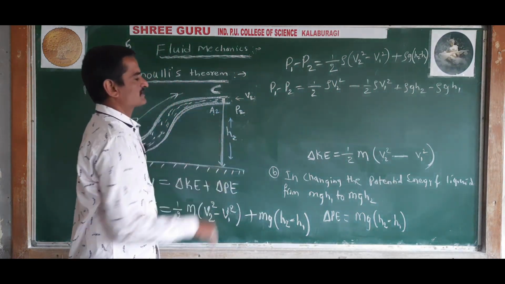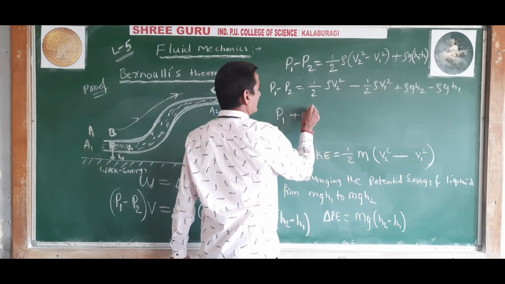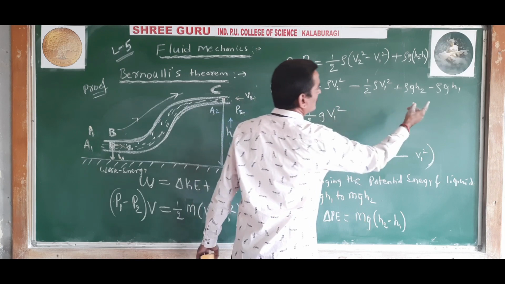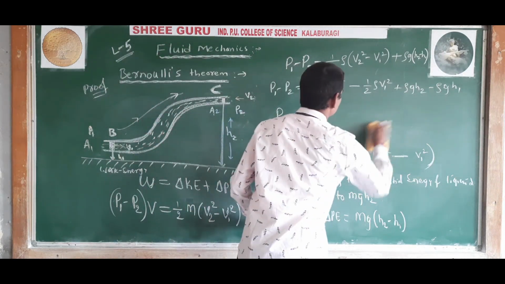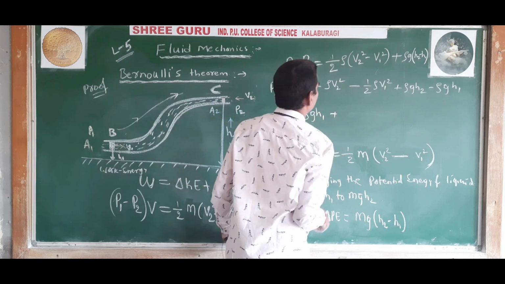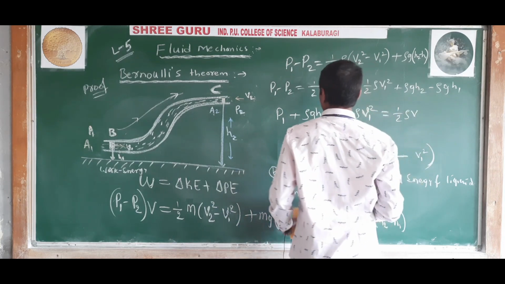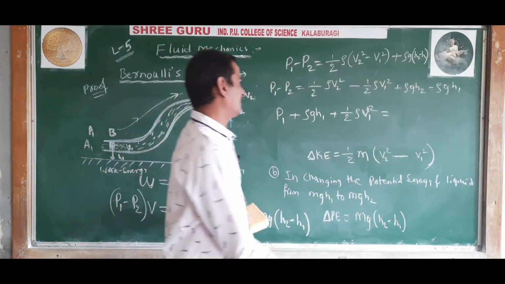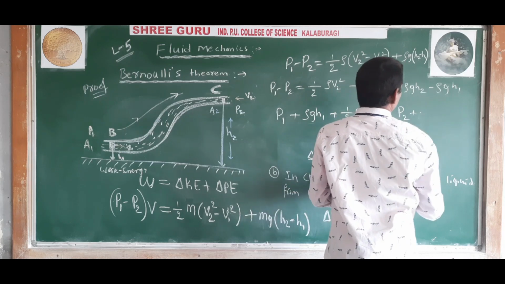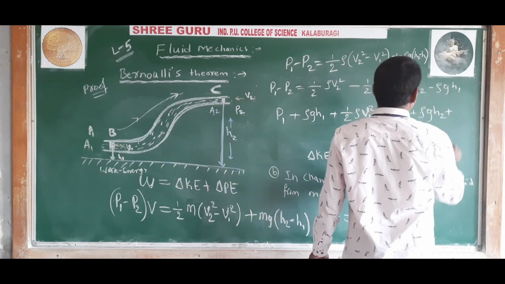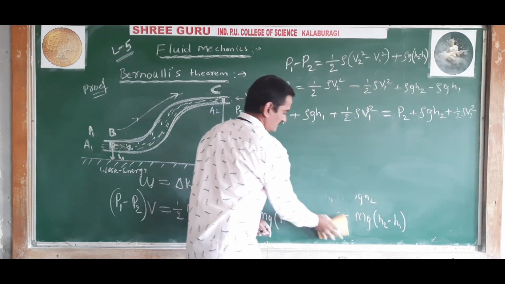Now take the first terms to one side: P1 plus half rho v1 square plus rho g h1 is equal to P2 plus rho g h2 plus 1/2 rho v2 square.